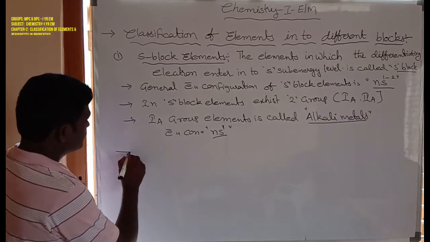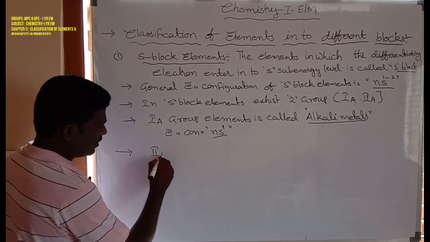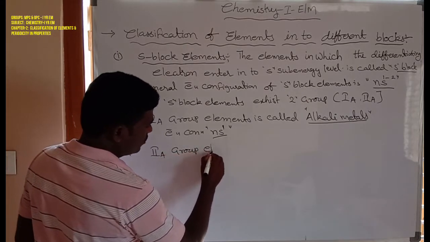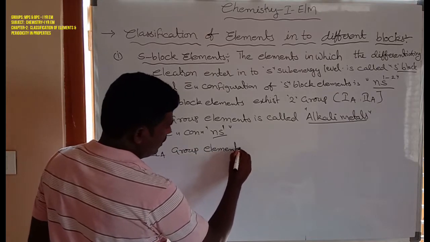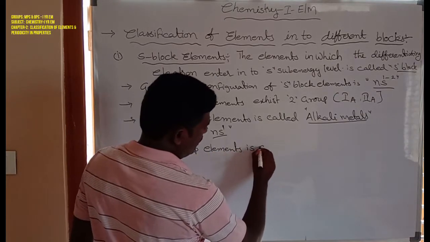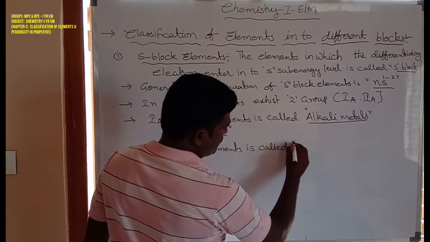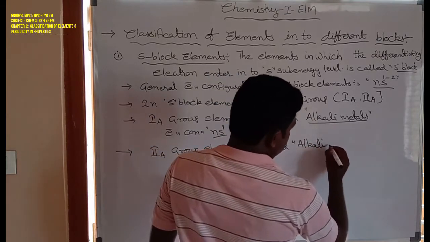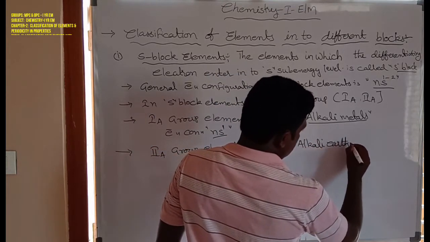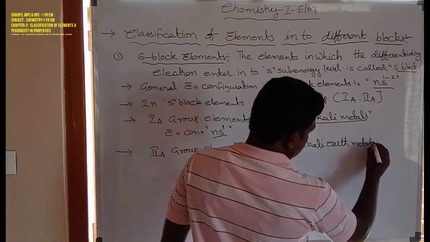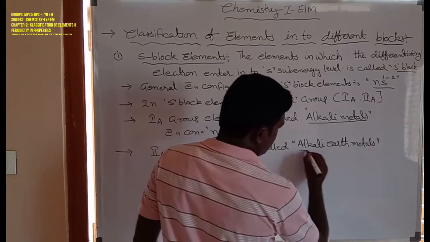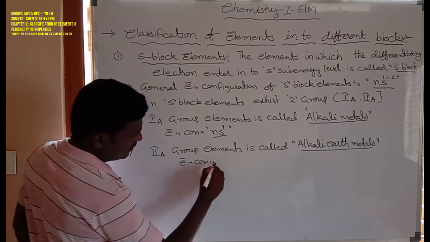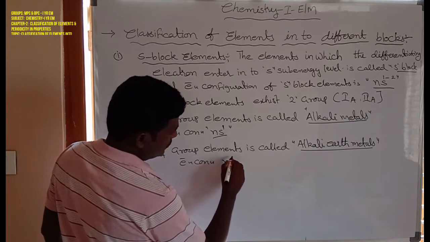And another one, second A group, Roman number second A. The second A group elements are also called alkaline earth metals. The electron configuration of second A group elements is ns2.